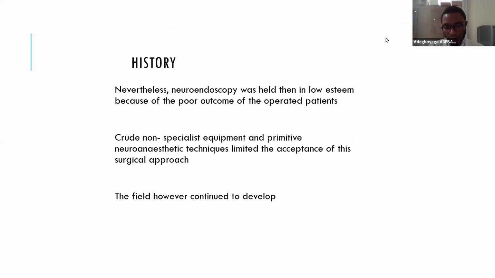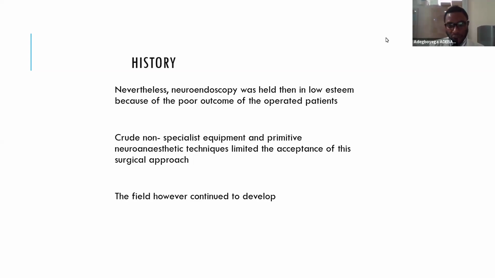Despite these early advances, neuroendoscopy was not popular because of the poor outcome of operated patients. The combination of crude, non-specialized instruments and primitive neuroanesthetic techniques limited the wide acceptance of this minimally invasive approach.